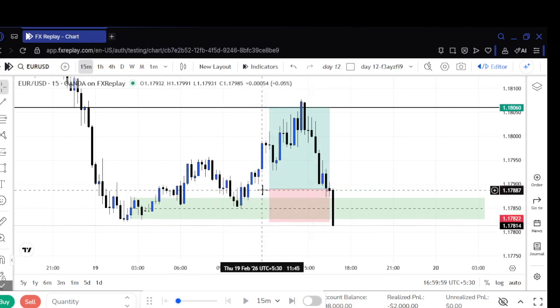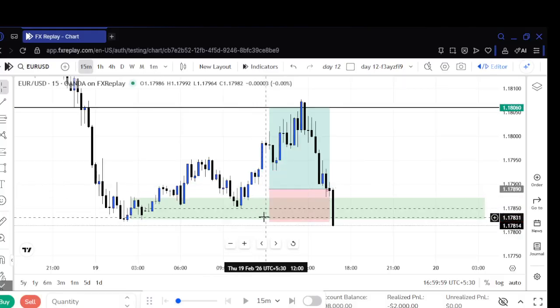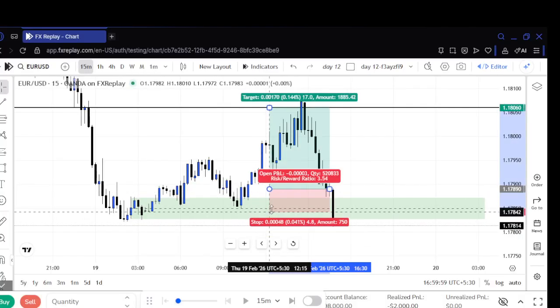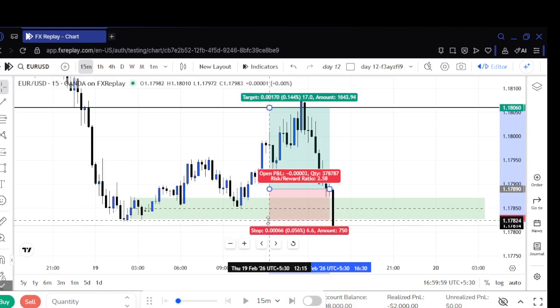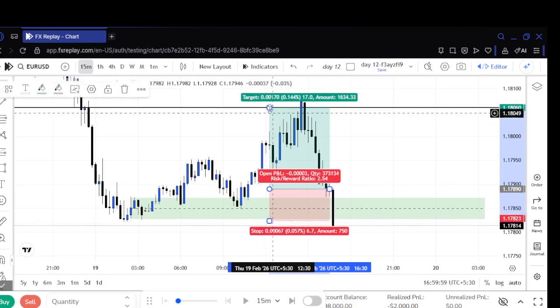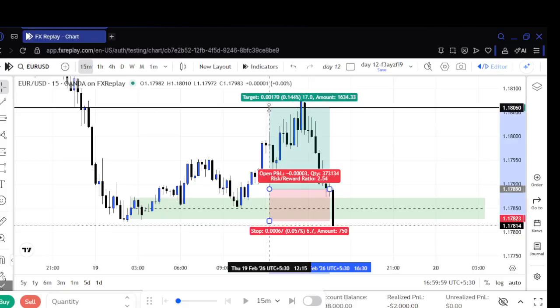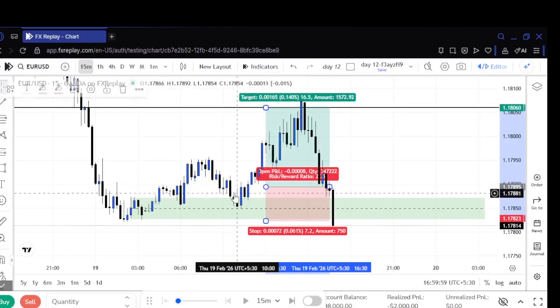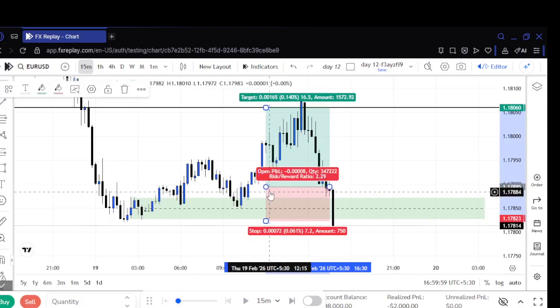But if we had entered here after the confirmation, and if we had set an SL here, something like the current 2.5, right? But we needed to enter right here. After getting an engulfing candle, we could have entered here, but we missed it.